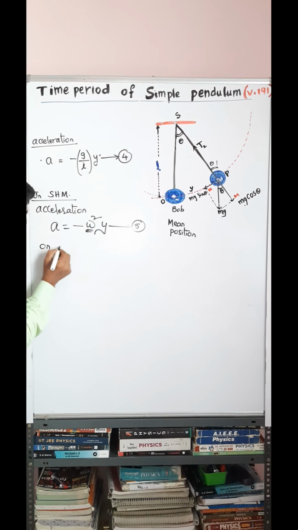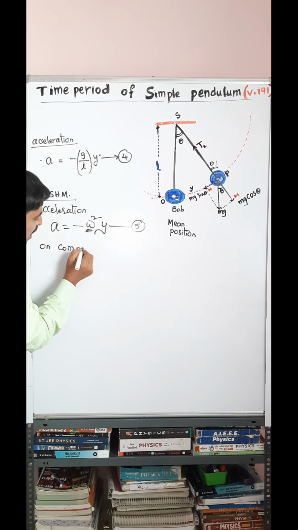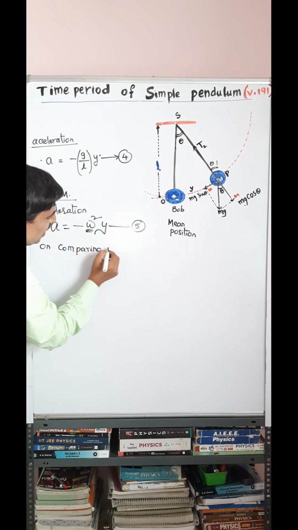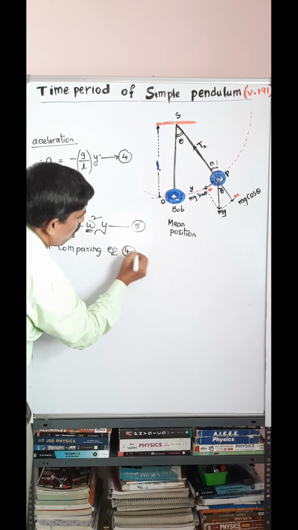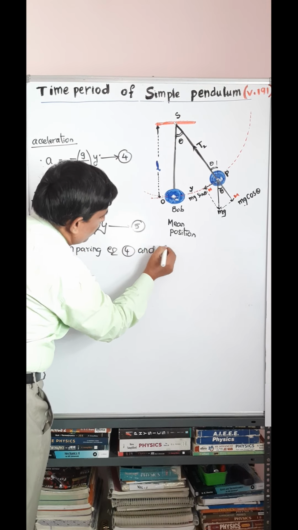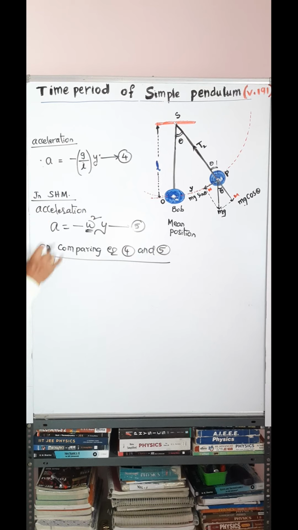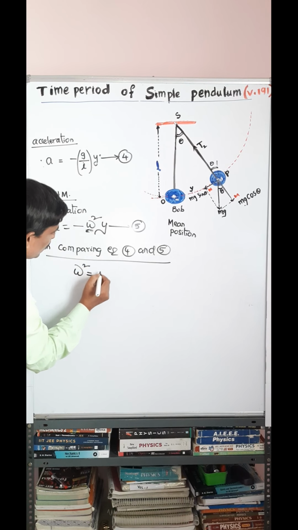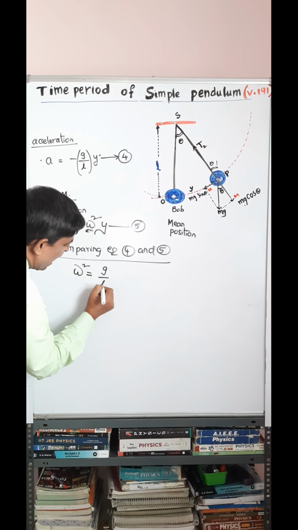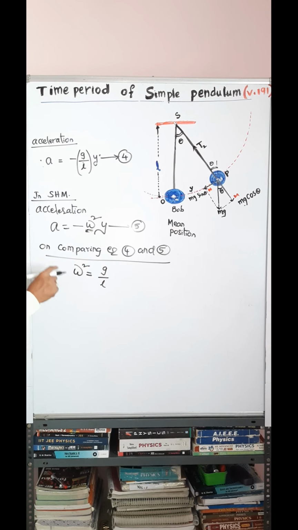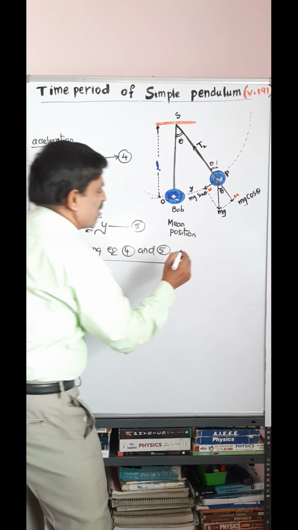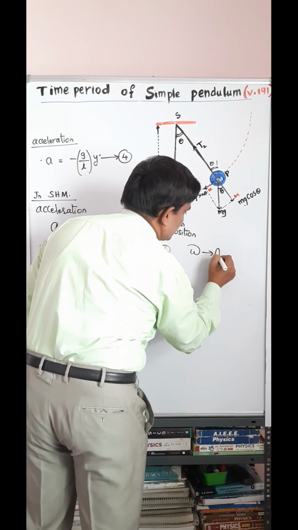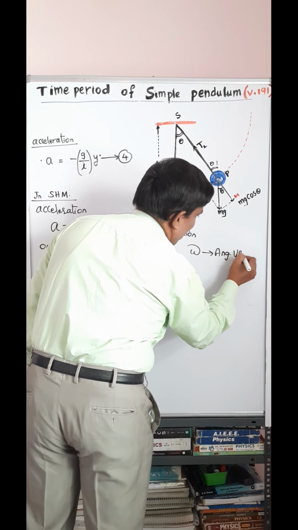On comparing equations 4 and 5, A equals A, minus equals minus, Y equals Y, omega square is equal to g by L. Omega represents angular velocity.